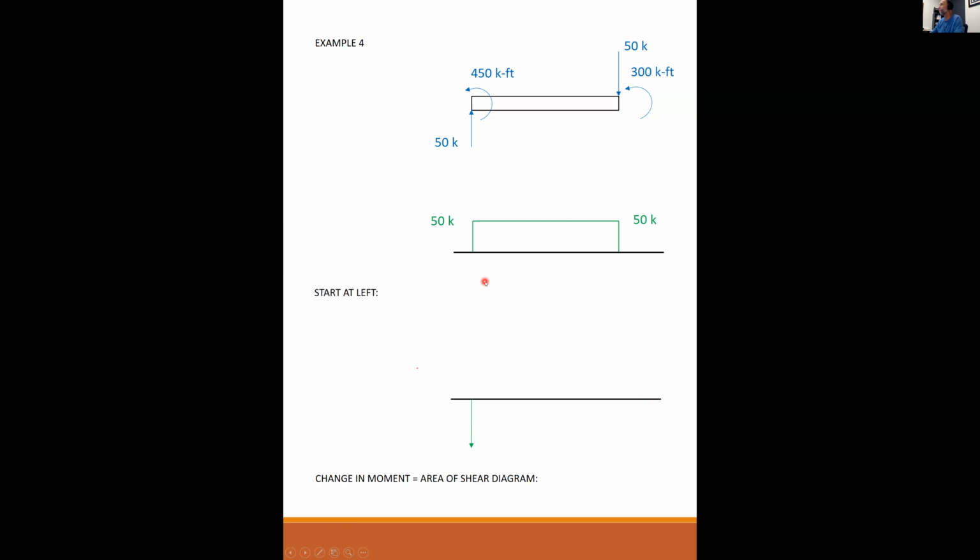Now, if you do it correctly, counterclockwise, negative moment, so this is minus 450, and then the change in moment is equal to the shear. So then you go up because the shear is positive, and this is 50 times 15 feet. So minus 450 plus 50 times 15 feet gets you to a positive 300.